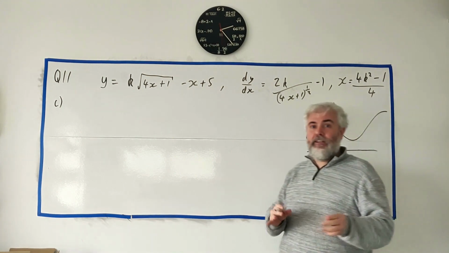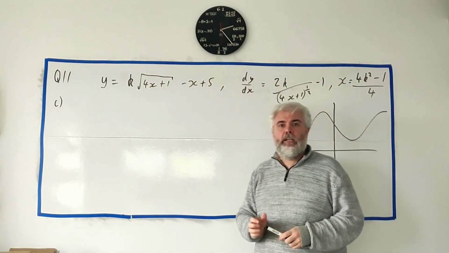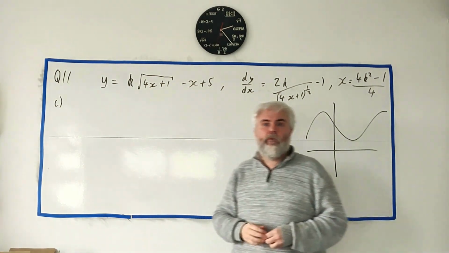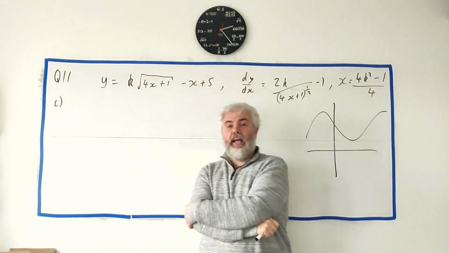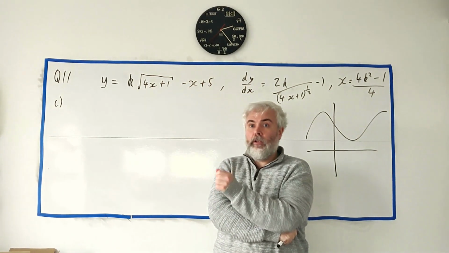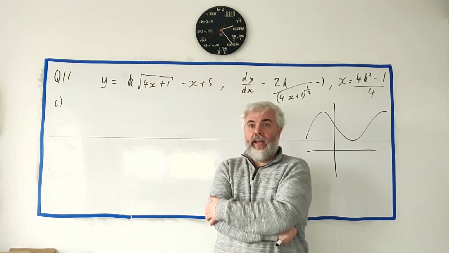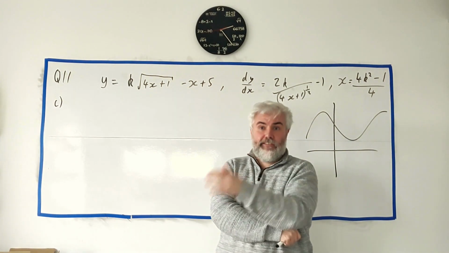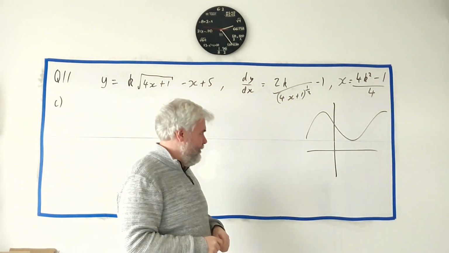Now with that said, part C talks about, first it tells us k, so we're able to change k to 10.5, and then it asks us to find the normal to a curve at the point where the tangent to the curve makes a certain angle to the x-axis.